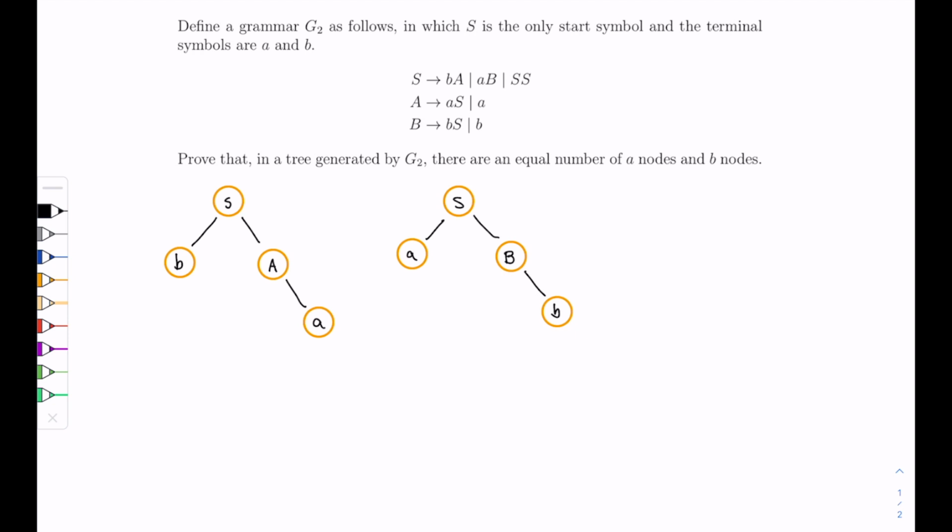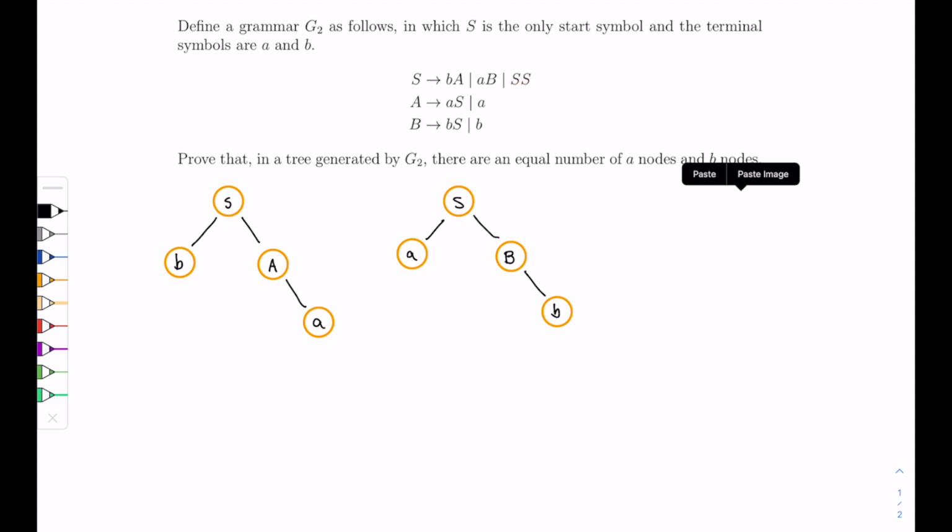So both of these correspond to base case trees that have a height of 2. So we can't have any trees that have a height less than 2 in this problem. And as we can see in this base case, we do have the same number of A and B symbols in both. So now what happens if, say, we look at this?